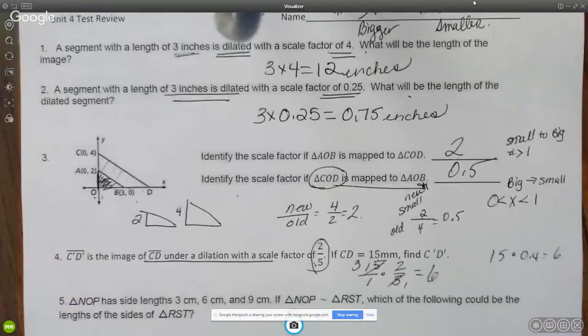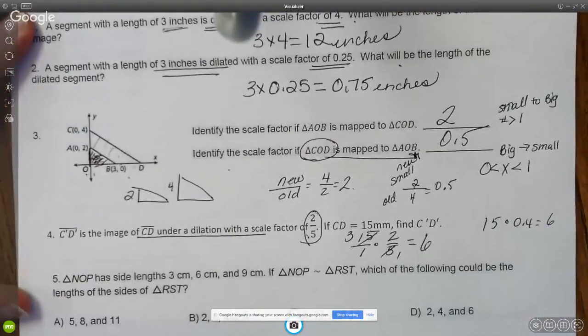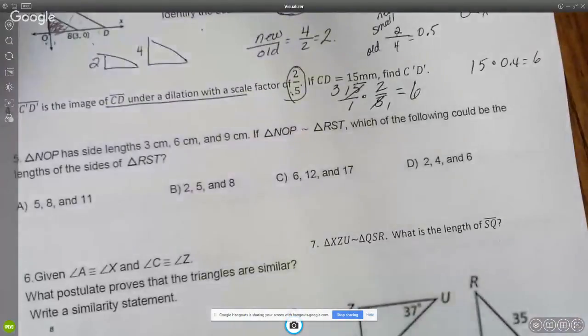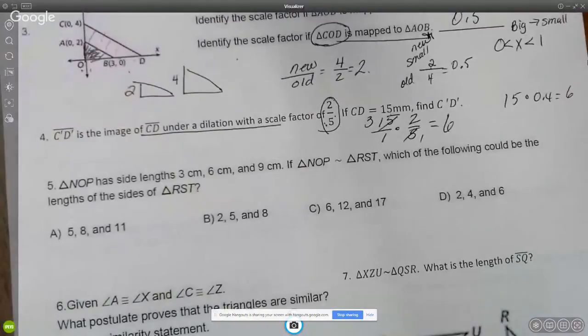Okay, next it says triangle NOP has sides of length 3, 6, and 9. If triangle NOP and RST are similar, which of the following could be the lengths of RST?